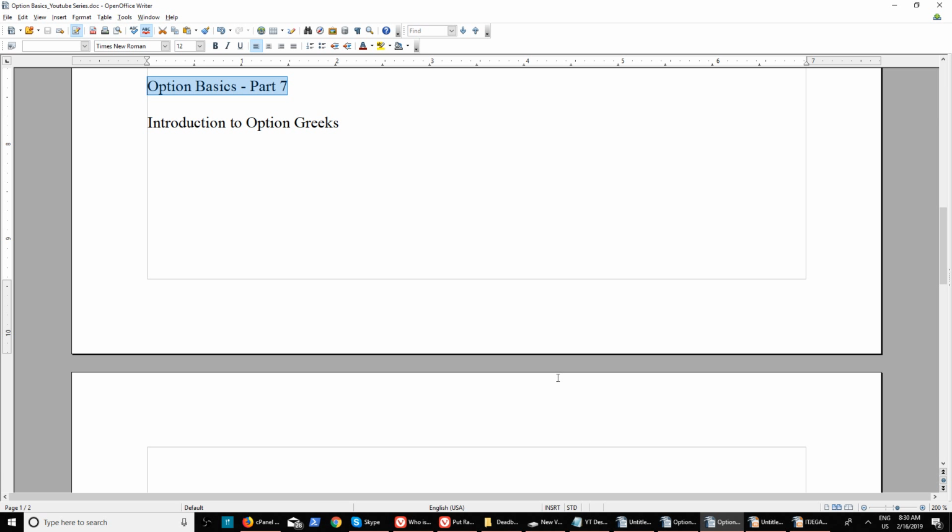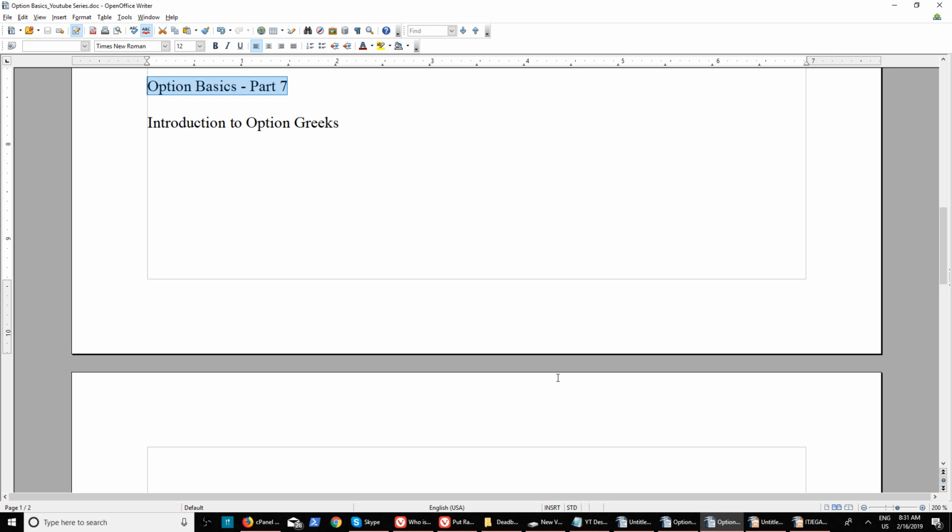The Greeks are also risk management tools, because that's what they were originally designed for. They can be used to determine the risk of a particular position and how you can mitigate that risk. Meaning, if you are holding a stock or a futures position, a small option on the opposite side can help you mitigate that risk.